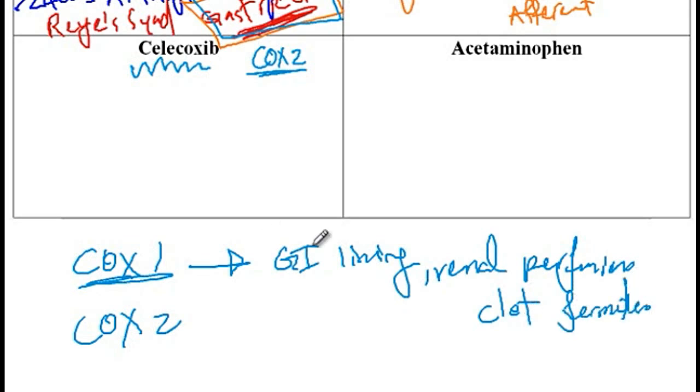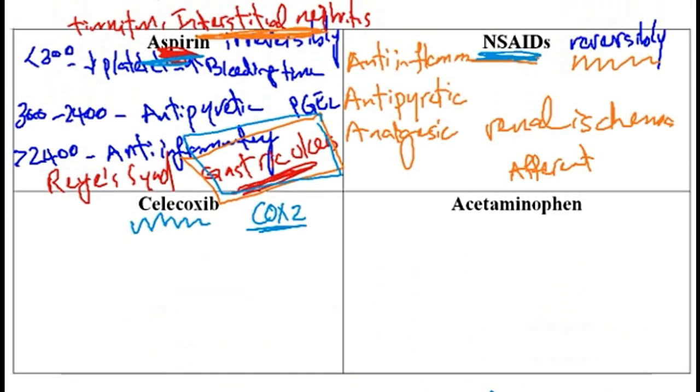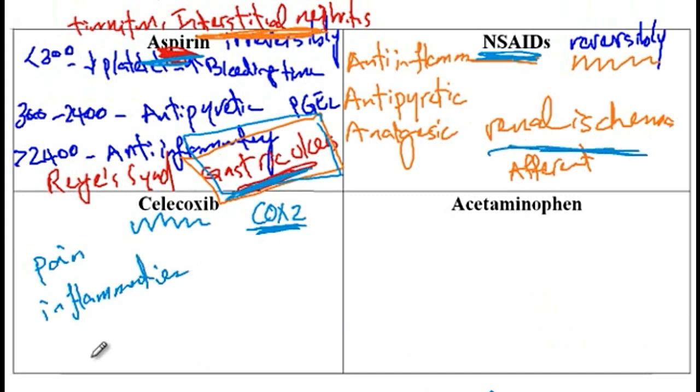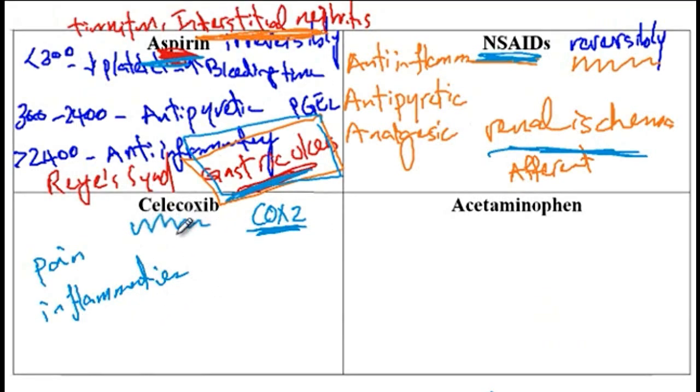Versus COX-2, which is a prostaglandin that is involved in inflammation and pain perception. So therefore, Celecoxib, by only specifically inhibiting COX-2, works by inhibiting the pain and inflammation, and thus it does not cause any gastric ulcers or the renal ischemia symptoms that were described with the NSAIDs or aspirin earlier.